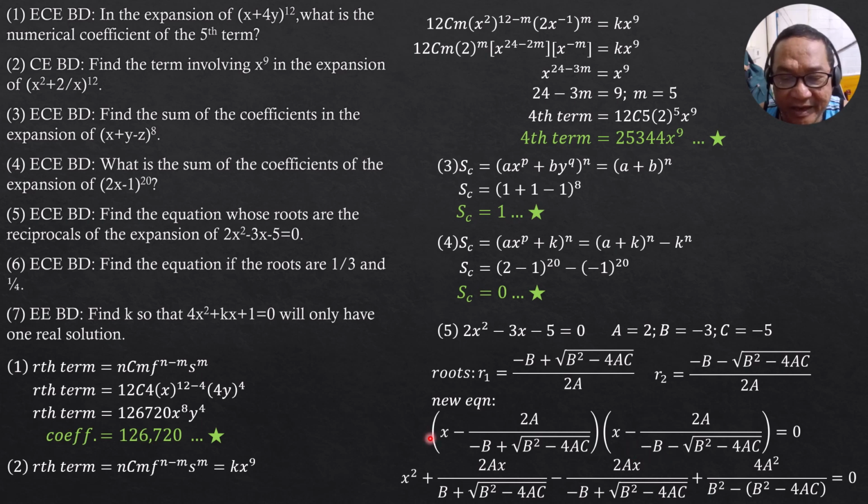So x squared, then positive 2ax over, we write this as positive b plus square root of b squared minus 4ac. Then negative 2ax over negative b plus square root of b squared minus 4ac. Then negative of negative is positive 4a squared over square of the first minus square of the second, because this is plus and this is minus.